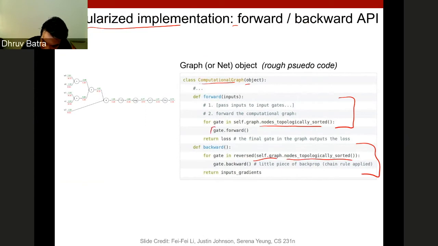As long as we can make calls to forward and backward for every gate or object, we'll be able to chain them together in a for loop manner, just calling all the forwards and all the backwards.